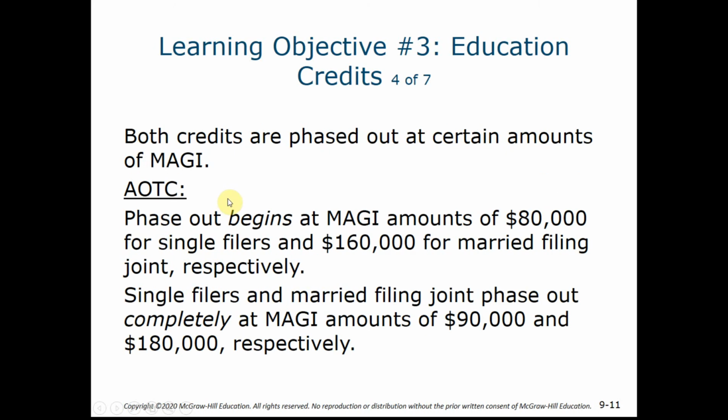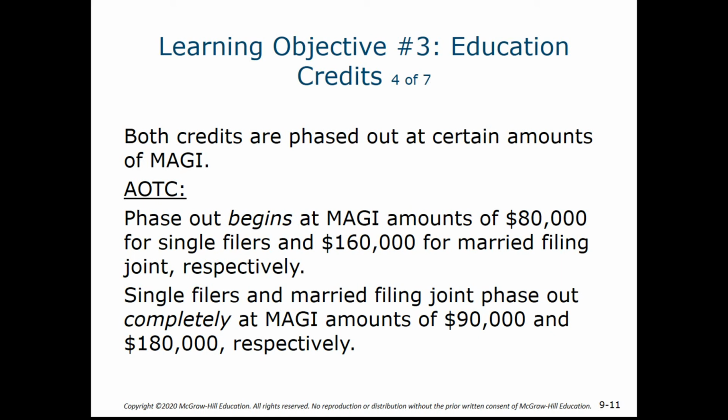So as I said, it's not quite as generous in amount or in terms of the number of potential dependents that may qualify. They, like many credits and some deductions, phase out when modified adjusted gross income gets too high. So the phase out for the AOTC starts at $80,000 for single filers and double that, $160,000 for married filing joints, respectively.